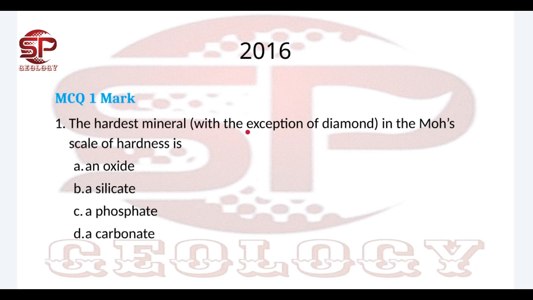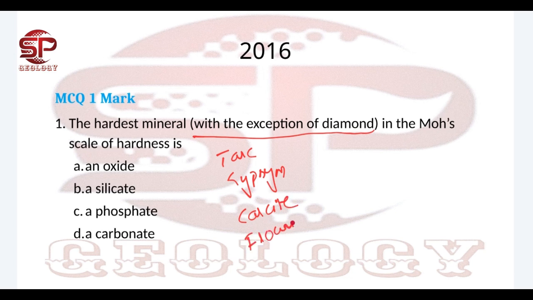The hardest mineral with the exception of diamond. If you consider the Mohs scale, it will be talc, gypsum, calcite, fluorite, apatite, then orthoclase.